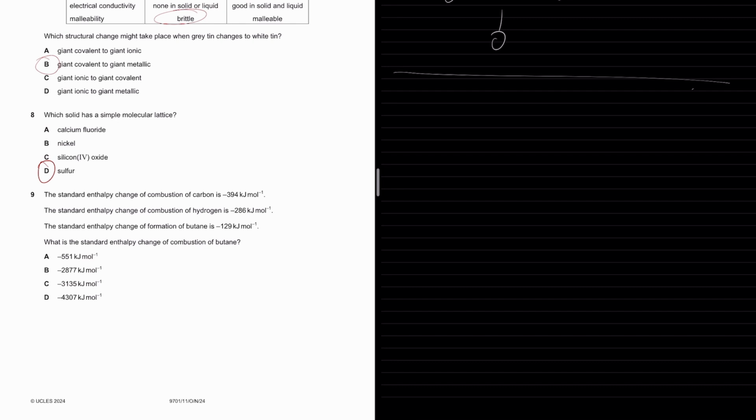Question 9 reads, the standard enthalpy change of combustion of carbon is minus 394 kilojoules per mole. So let's write that down. I'm going to call it reaction 1. So C plus O2 gives me CO2, and that's minus 394 kilojoules per mole. Then reaction 2, the standard enthalpy change of combustion for hydrogen.